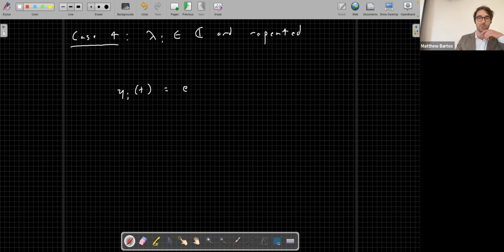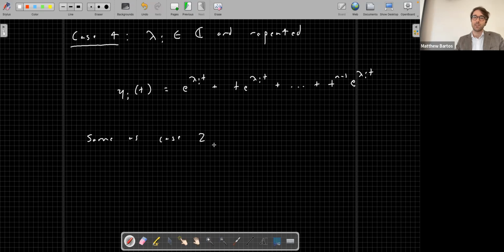So you'll have e to the lambda_i t plus t e to the lambda_i t plus so on and so on, all the way to t to the n minus 1 times e to the lambda_i t. So it'll be the same as case 2, except lambda_i is complex. So there'll be both an envelope shaping term and an oscillatory term.